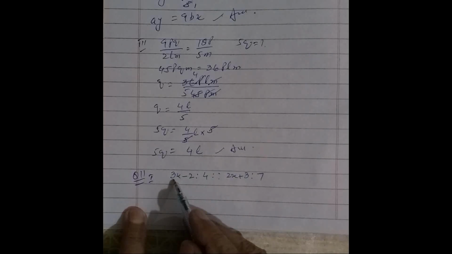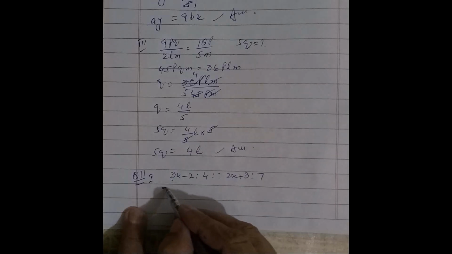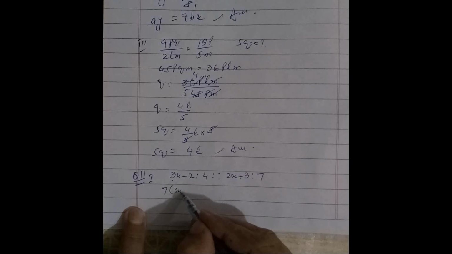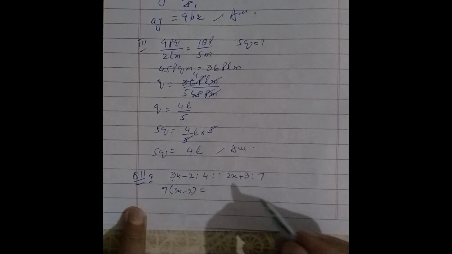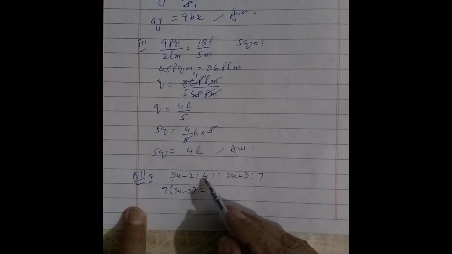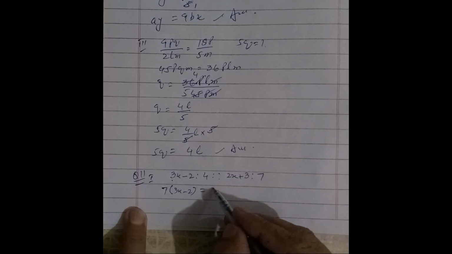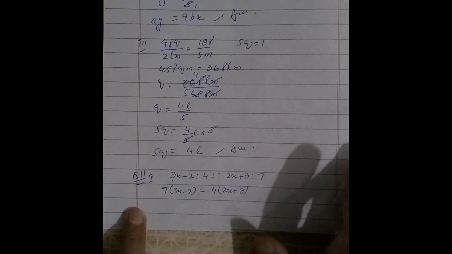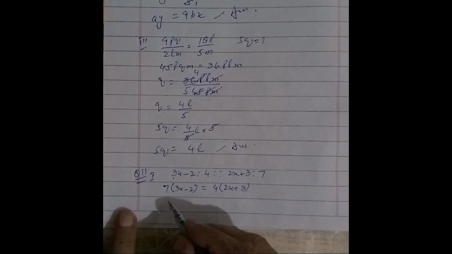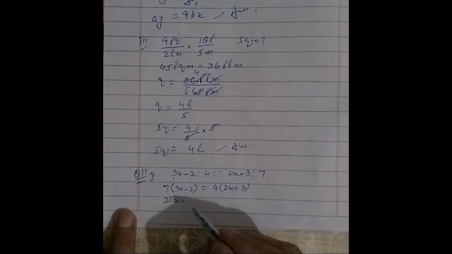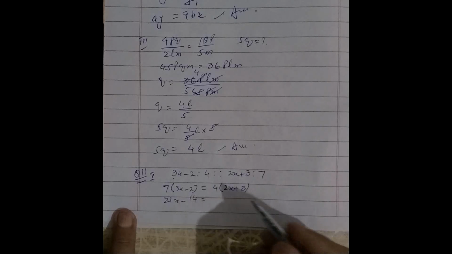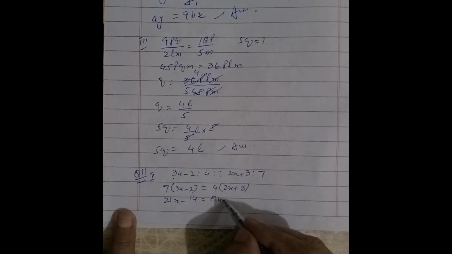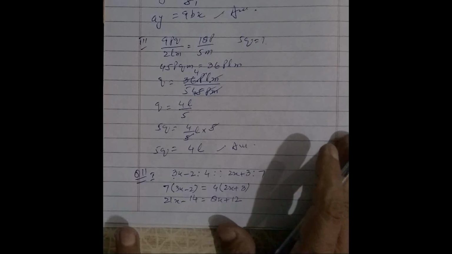So we multiply, these are external values, 3x minus 2 and 7. Multiply 3x minus 2, equal to internal values, which are 4 and 2x plus 3. Now we simplify these values. 21x minus 14 is equal to 4 2s are 8x plus 12.